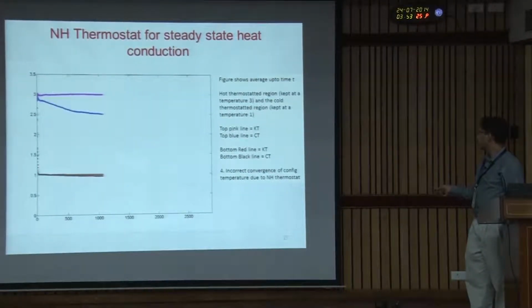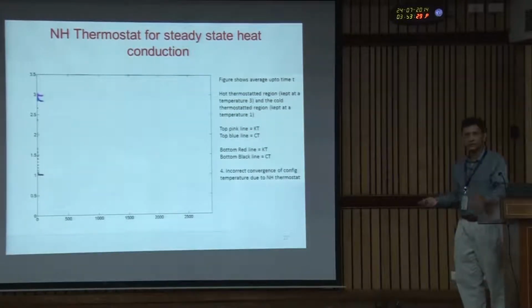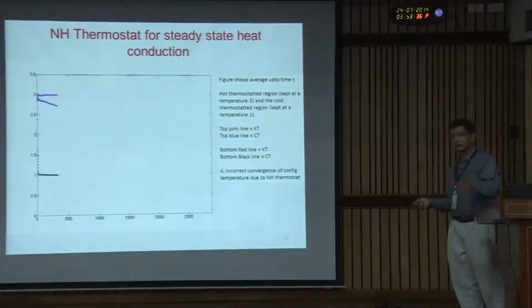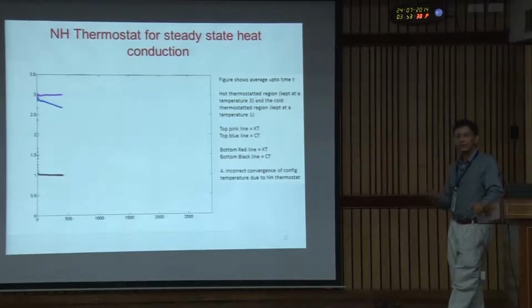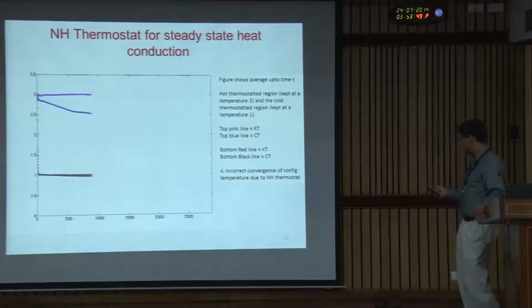So the top pink line is the kinetic temperature, which is at 3 because Nose-Hoover is a kinetic thermostat. But the top blue line is the configurational temperature, which, remember, comes from just the coordinates of the system, not the velocities. And it's not doing well at all in this. But for the colder, it does reasonably well for both.